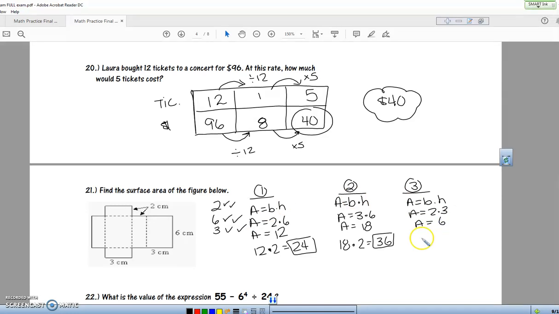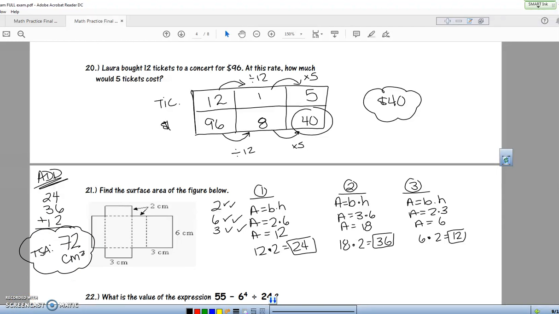That gives me 6. There's 2 of them. So I get 12. So make sure you have 12. Now my last step is to add up. So I have 24, 36, and 12 all added together. And that gives me a total surface area of 72 centimeters squared.